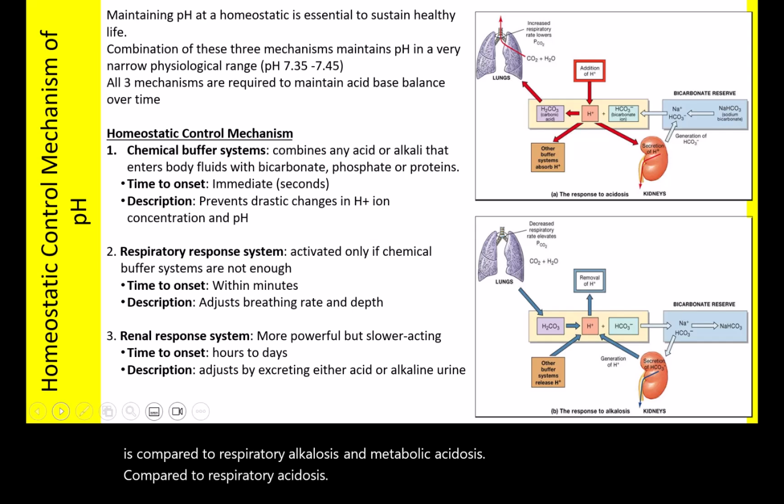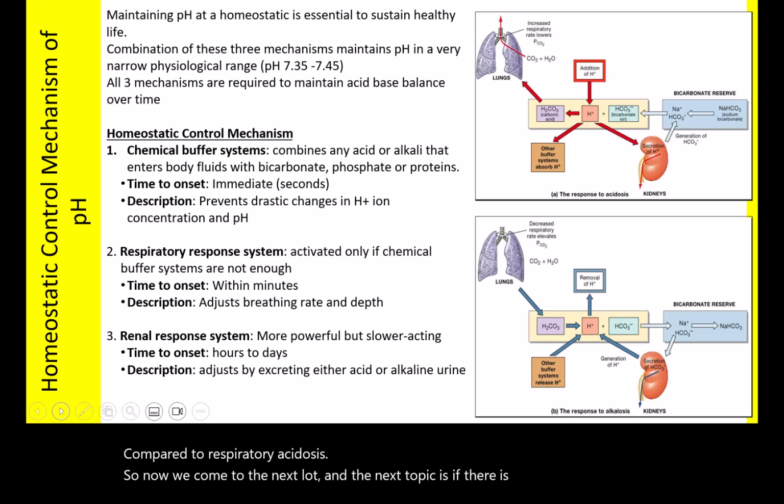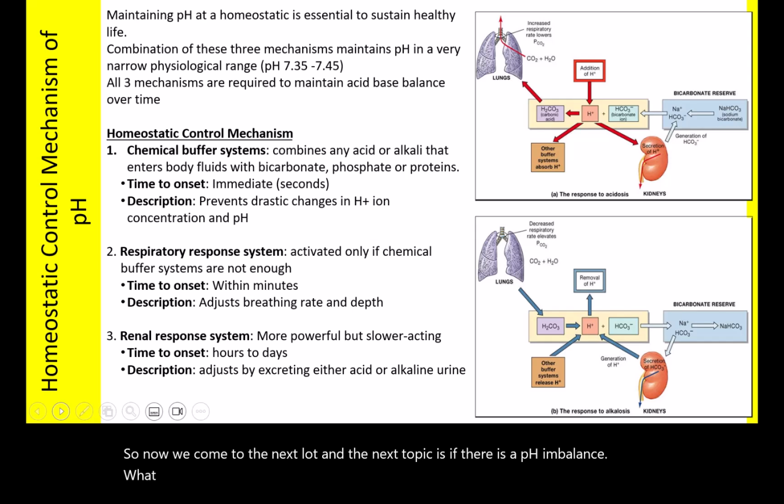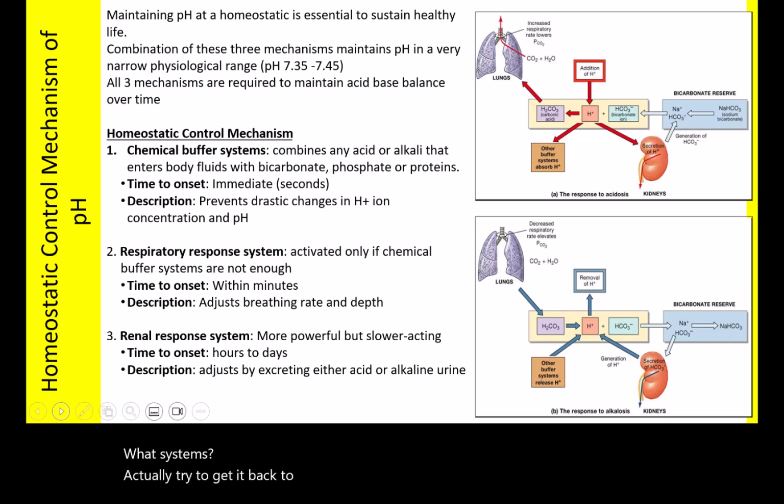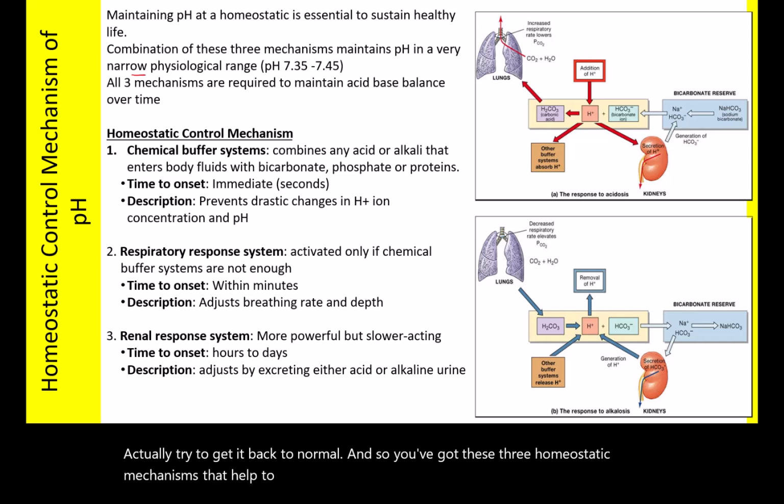So now we come to the next topic. The next topic is, if there is a pH imbalance, what systems actually try to get it back to normal. And so you've got these three homeostatic mechanisms that help to maintain pH within a very narrow physiological range, right?